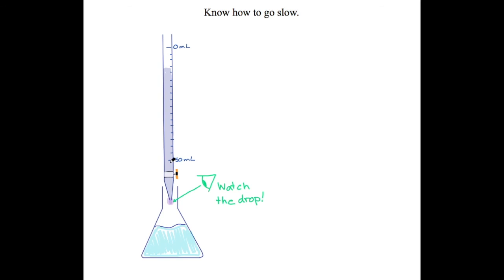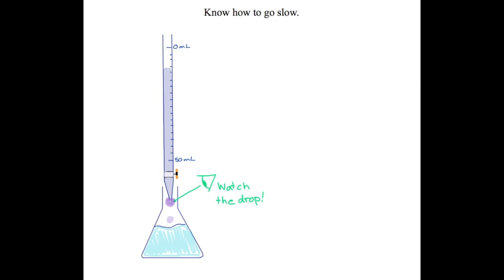Essentially, the liquid is falling so slowly out of the burette that the surface tension is holding the liquid to the tip of the burette, and it hasn't gotten heavy enough to drop and fall into solution. So if you can see that drop growing, you know that liquid is leaving the burette, and that liquid is just going to accumulate on the tip of the burette until finally it's heavy enough that it's going to drop and fall into your solution.